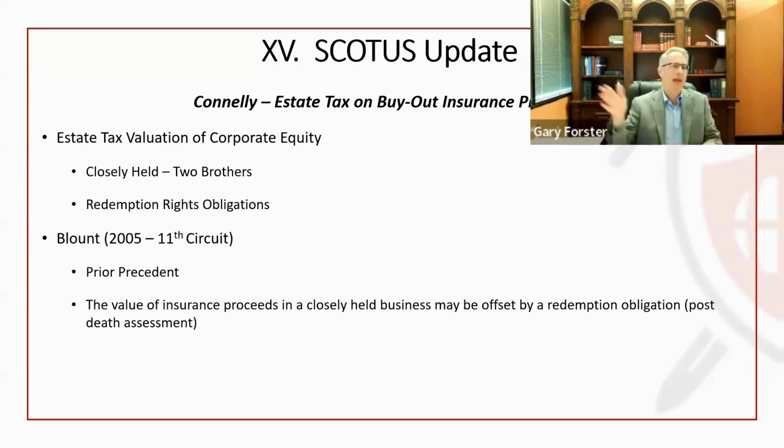You could have an obligation to buy out a deceased shareholder with no life insurance. And what happens then is there's a promissory note. The promissory note now goes to the estate, and that's an asset of the estate, and that's subject to tax. So it didn't really make sense on an accounting basis. And that's what the Supreme Court thought.